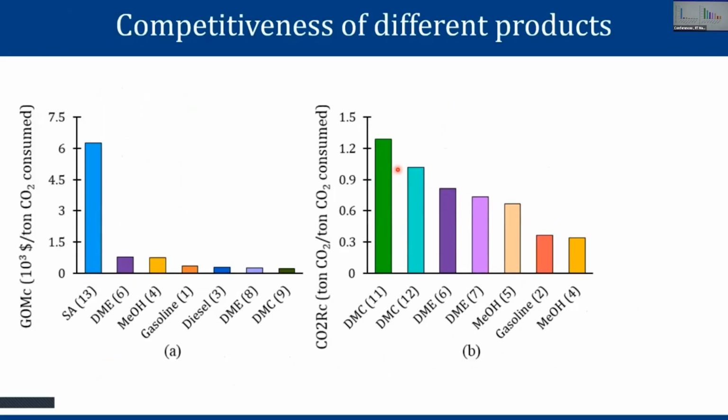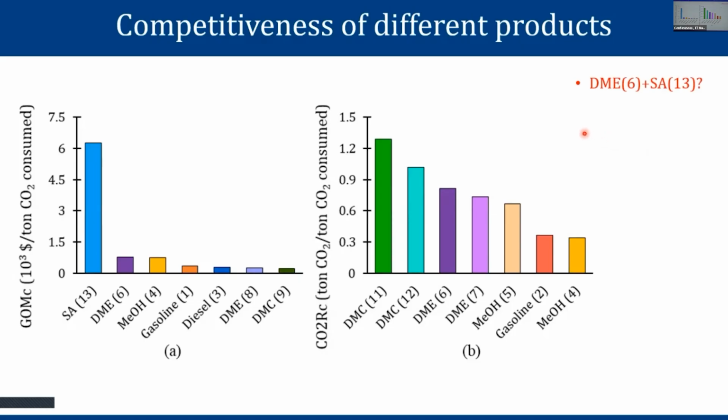So using the results shown in the scatter plots, we can summarize the rankings of different CCU products in terms of the economics as well as the sustainability. So by looking at these bar charts, we can make some conclusions about the optimal product portfolio for the CCU industry.